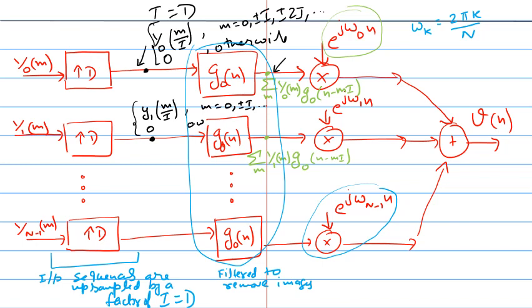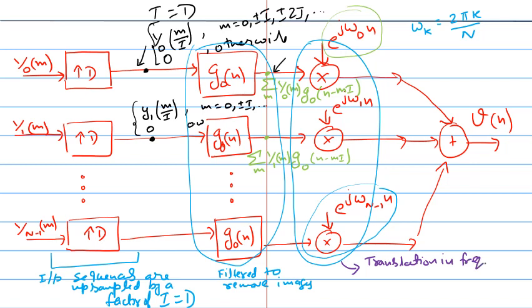Then these multipliers are basically doing a translation in frequency, and that is obtained by multiplying by the complex exponential.